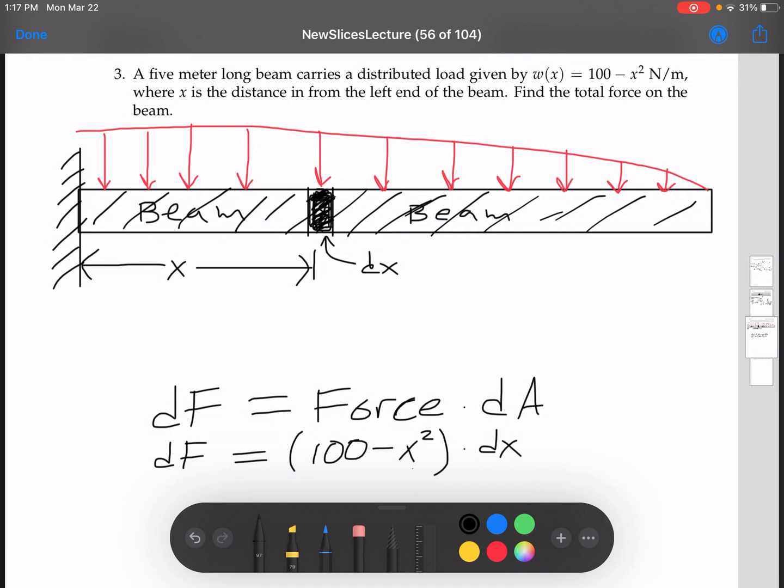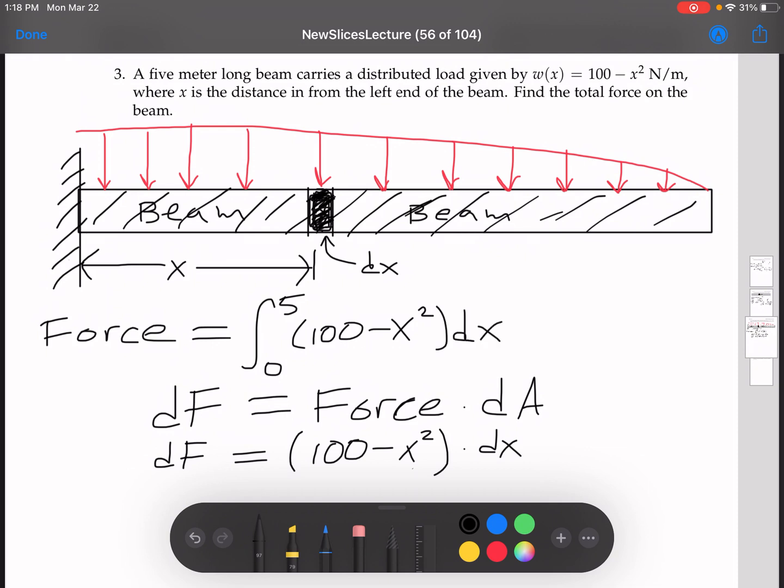And so to compute our total force, we'll use an integral to add up all of the arbitrarily small rectangles over the course of the entire beam. This will be from 0 to 5 of dF, and dF, as we know, is 100 minus x squared dx.